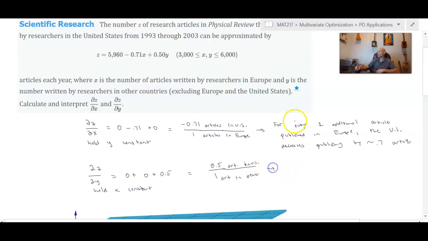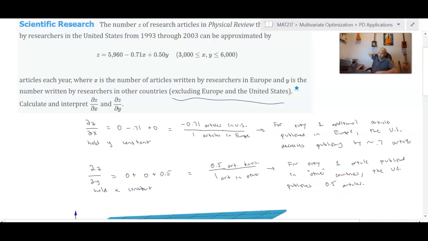So we could say similarly, for every one article published in other countries, excluding Europe, I'll just put other in quotes because that refers to excluding Europe and the United States, the US publishes 0.5 articles.